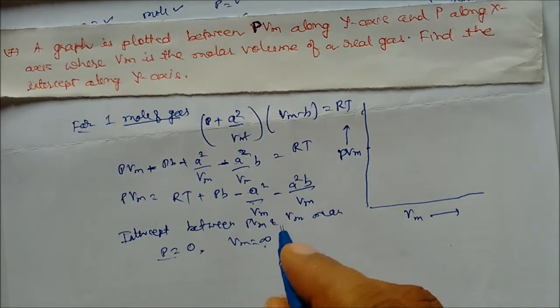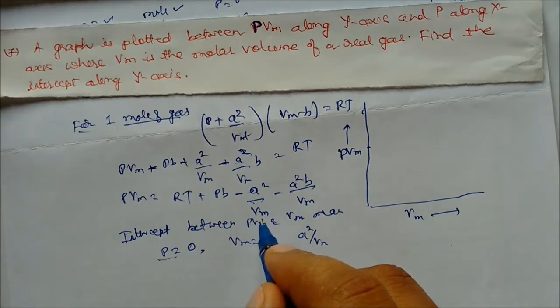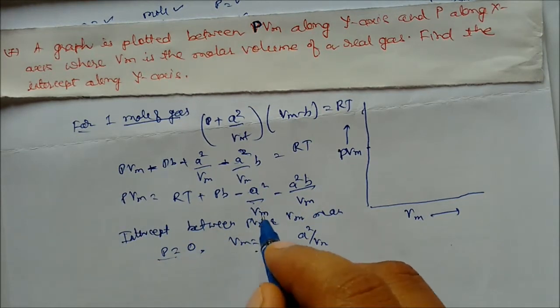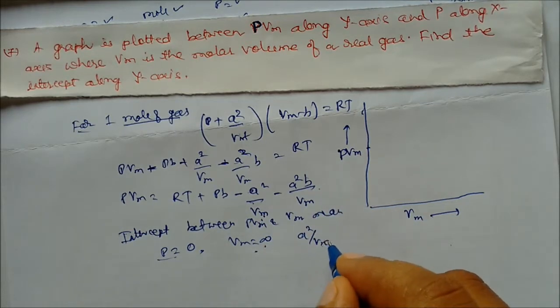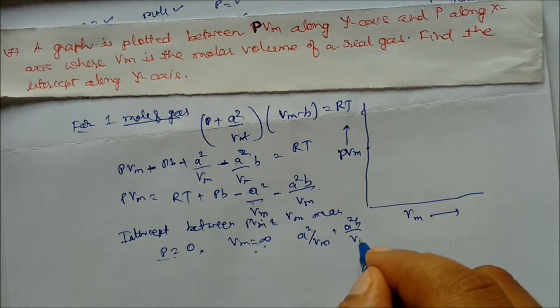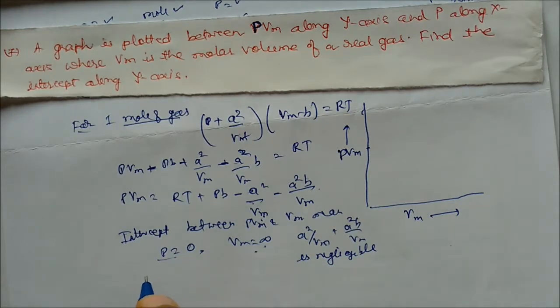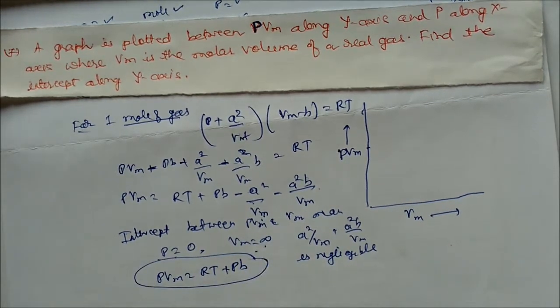Then the a over Vm and ab over Vm squared terms are negligible, so small that we can neglect them. So what is left is PVm equals RT plus Pb.